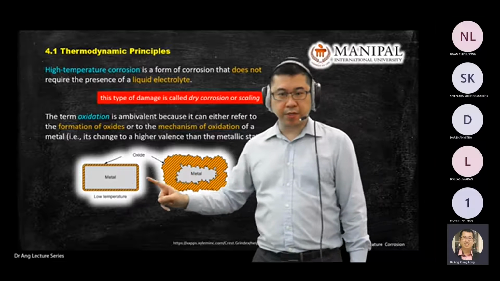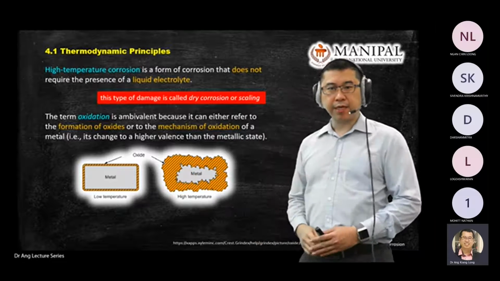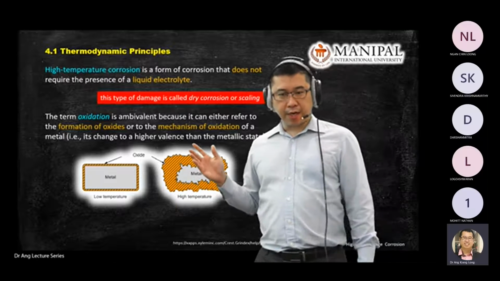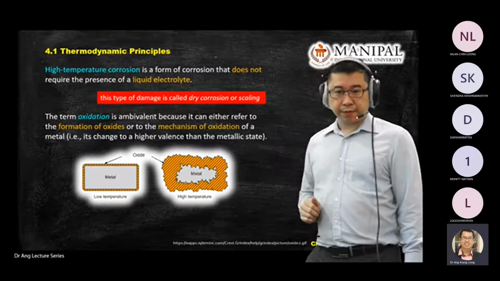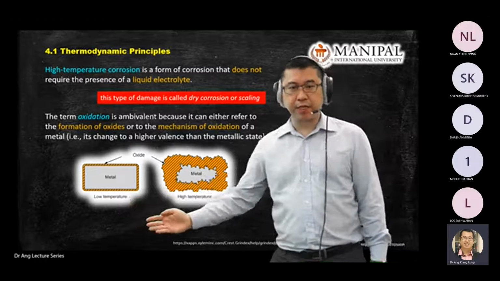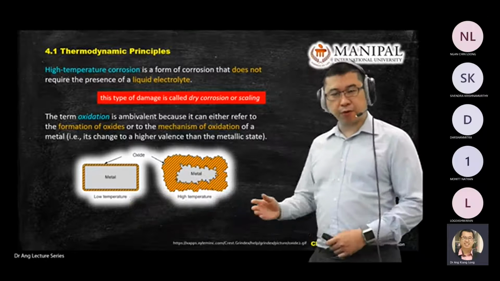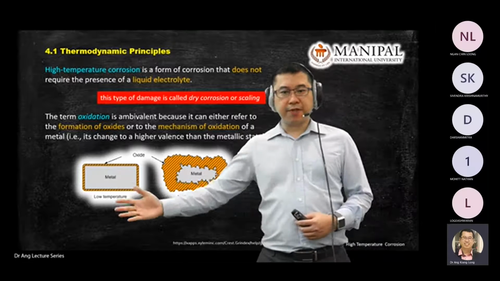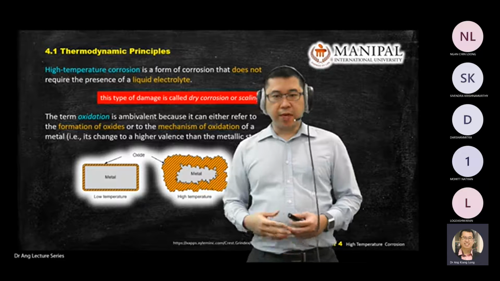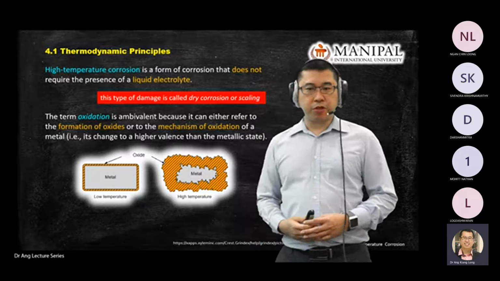This is how high temperature corrosion takes place, and it lays the foundation of the following sessions. So always have this picture in mind when you think of high temperature corrosion.